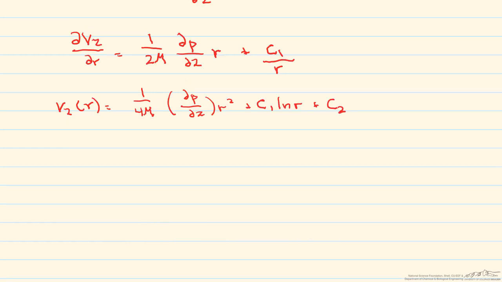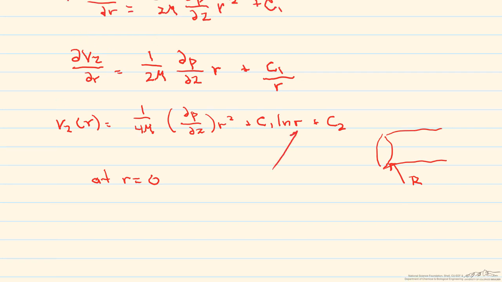So since there are two constants to solve for, we're going to need two boundary conditions. So let's look here. We have this pipe, and we're going to say it has a radius of big R. So the first place we're going to look is at r equals 0. If you look at our equation here and you put r equals 0 into it, notice what happens.